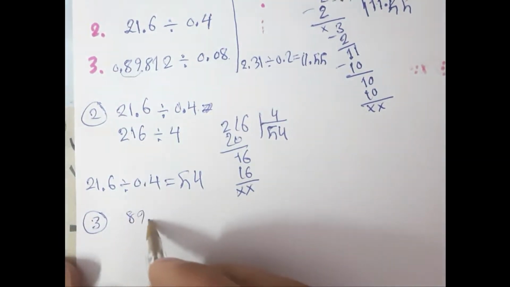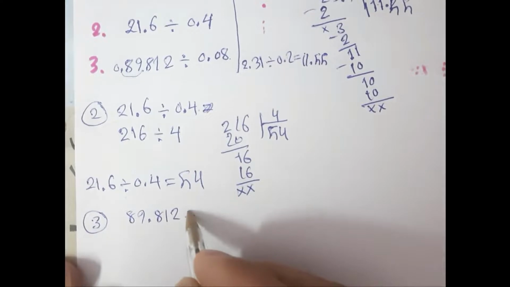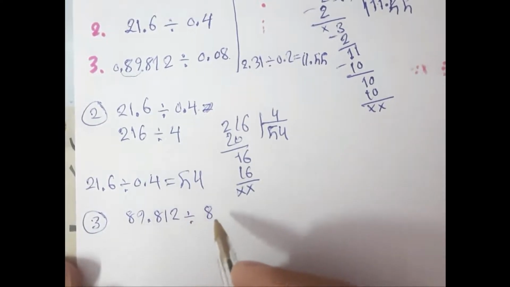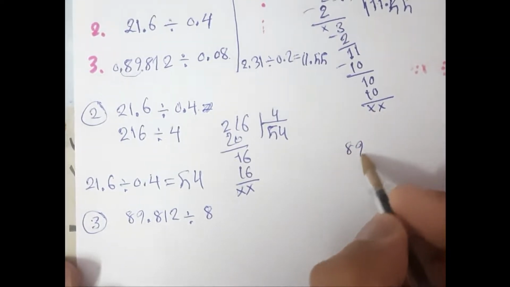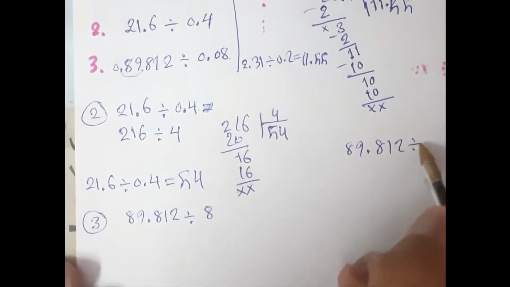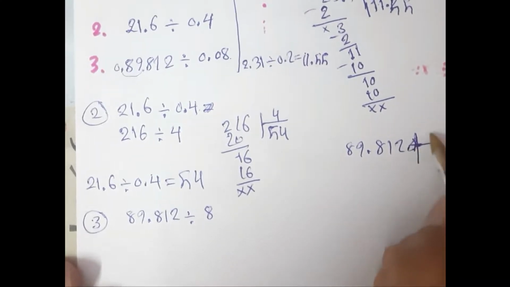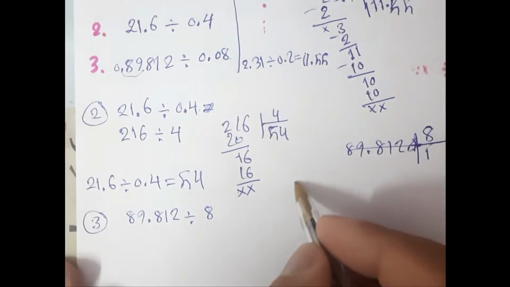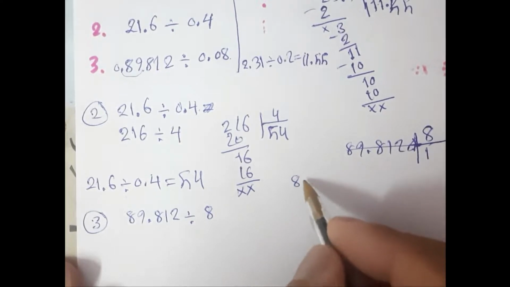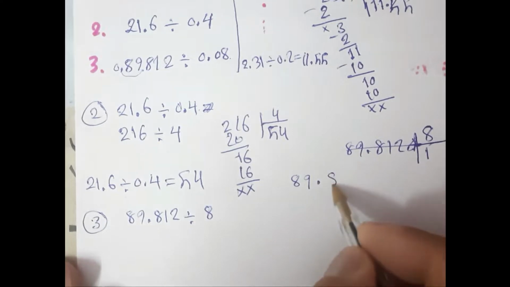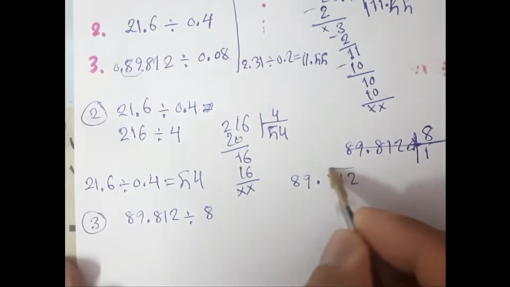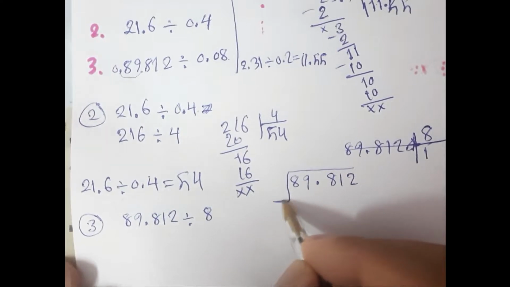So 9.812 divided by 8. Now we divide 9.812 divided by 8.